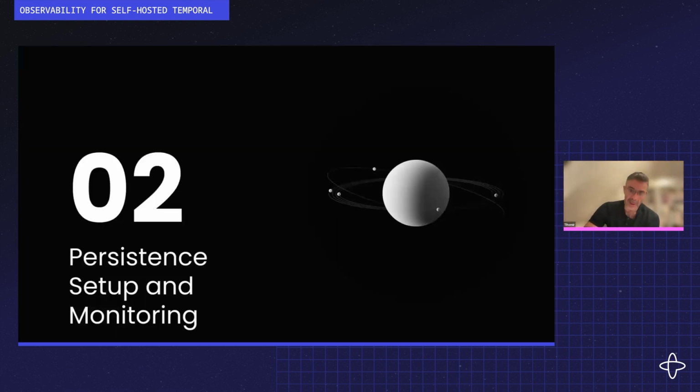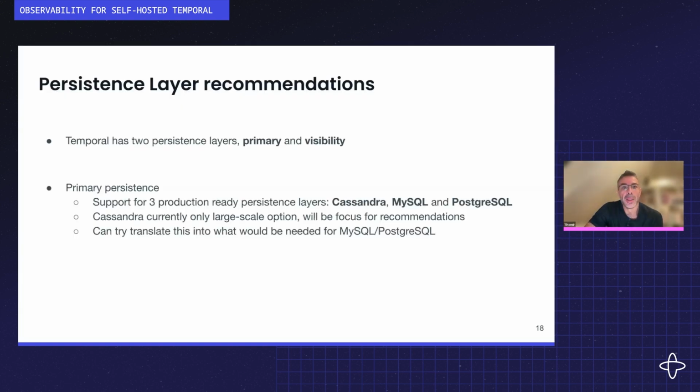So the second thing I wanted to talk about is persistence setup and monitoring. What are some of the persistence layer recommendations? Temporal has two persistence layers, primary and visibility persistence. For primary persistence, Temporal supports three options: Cassandra, MySQL, and Postgres.